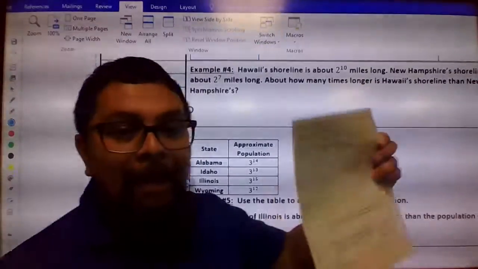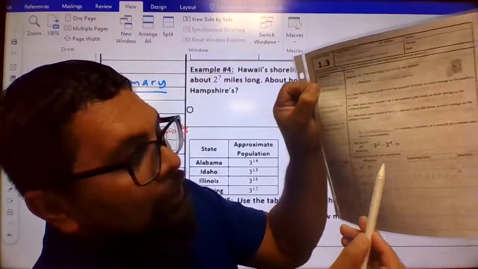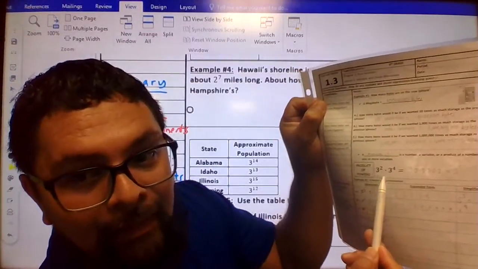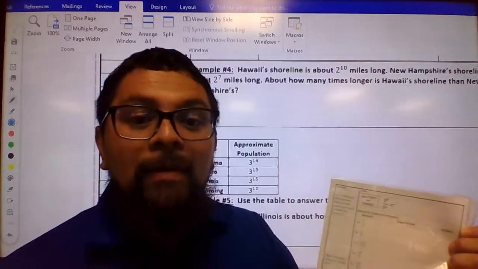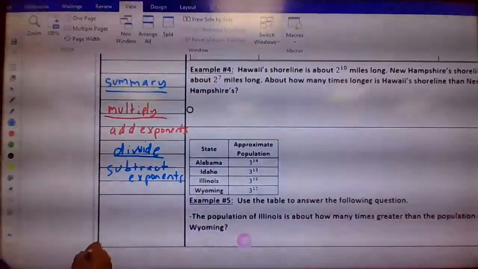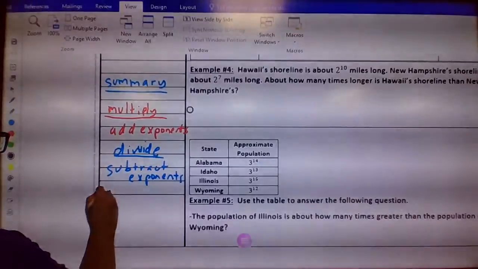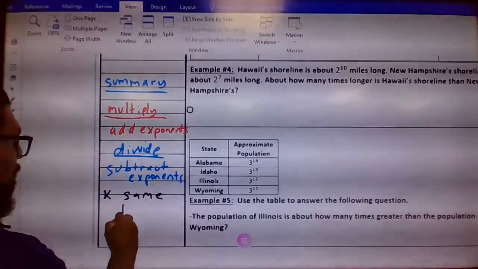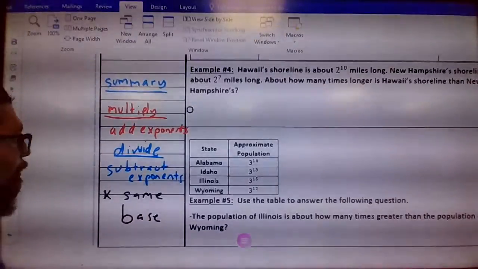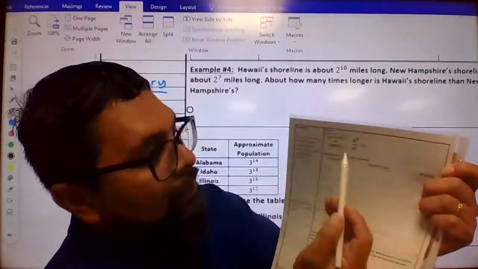But what do they have to have? What do you notice that's the same? Same base. So they have to have the same base. La base tiene que ser igual.